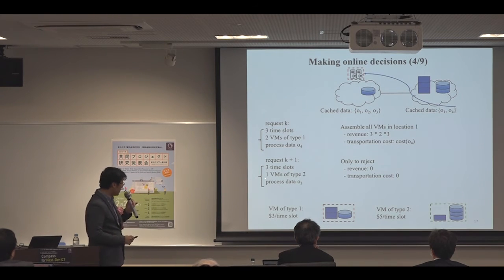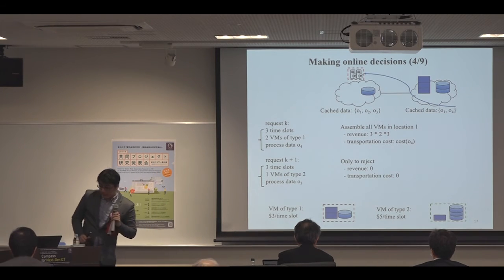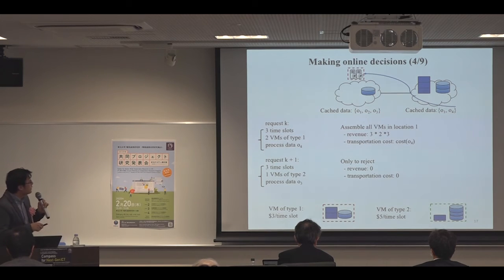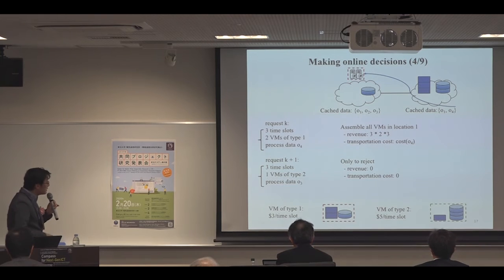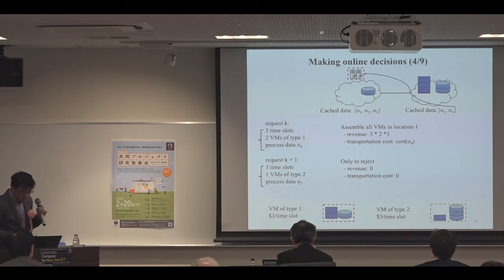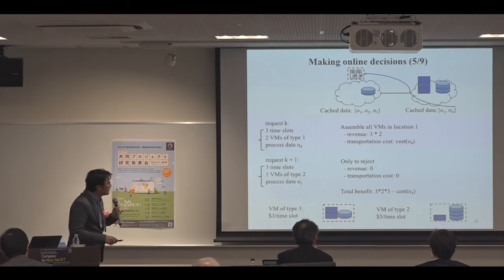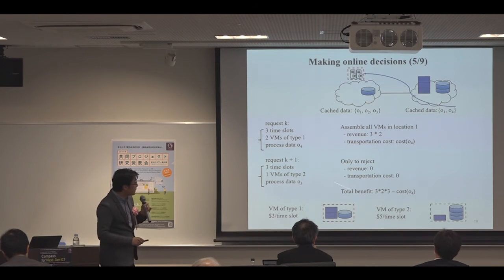It requires one virtual machine of type 2 to process data 3. From the available resources, this request cannot be satisfied because the resources are running out. So the total benefit is 3 times 2 times 3 minus cost.